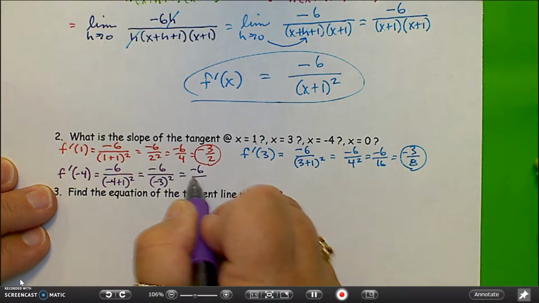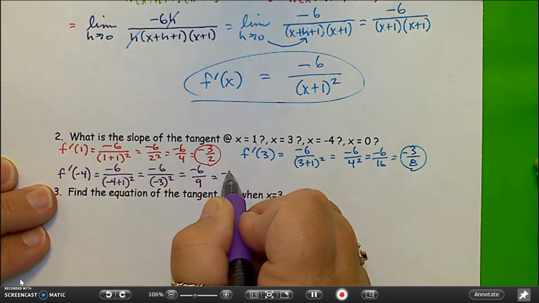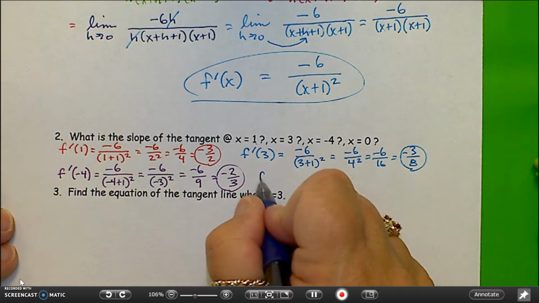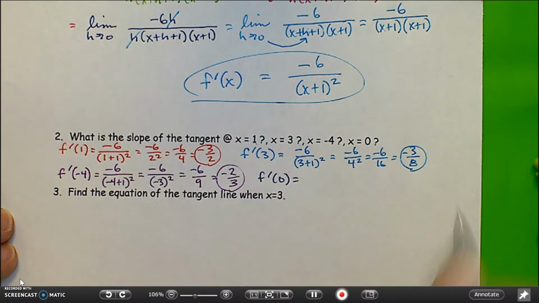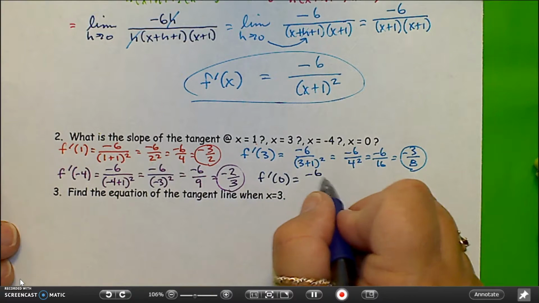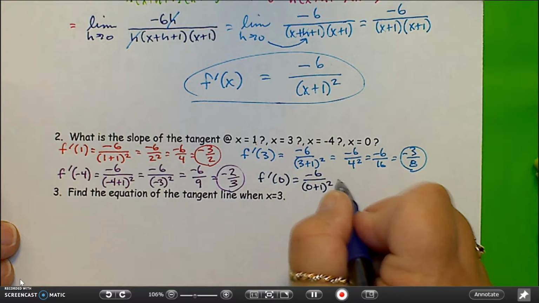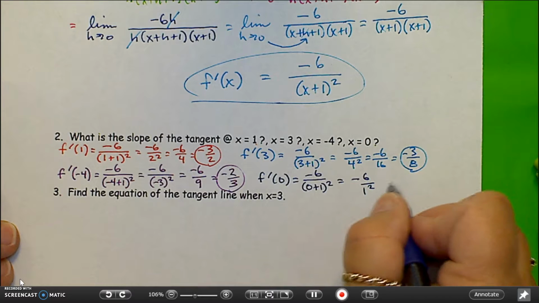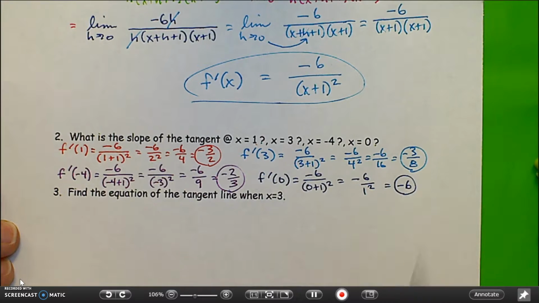So it's negative 6 over positive 9, or negative 2/3. And finally, at x equals 0, f prime at 0, which is the slope of the tangent line at 0, negative 6 over 0 plus 1 squared, negative 6 over 1 squared, that's just negative 6.